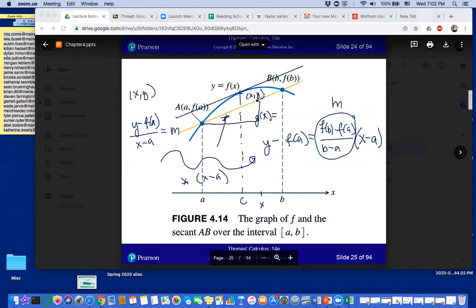It's the rise, y minus f of a, divided by x minus a. That's the slope. So this slope has to match the slope of the secant line. Is that clear?